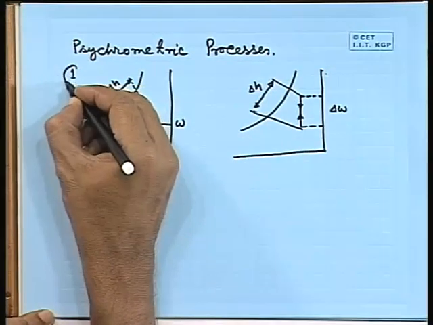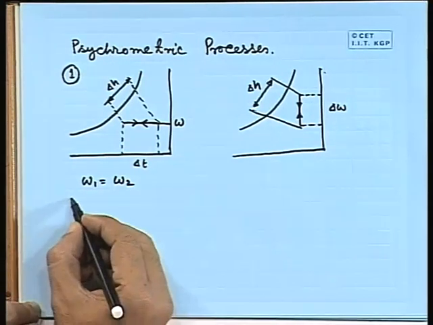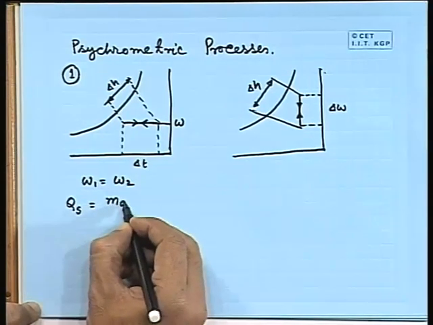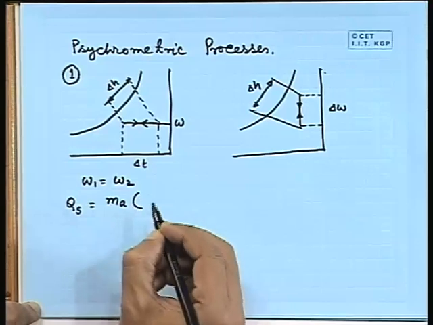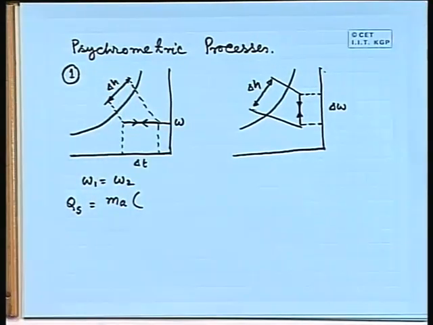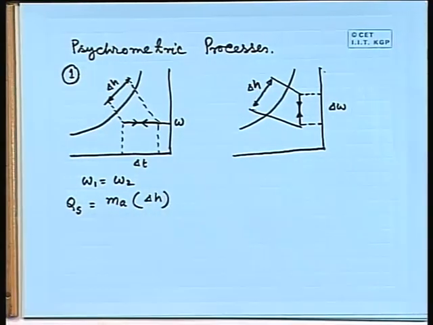In the first case, let us say we call it process 1. And we can write Q sensible is equal to m dot A, I will write it in terms of delta H. It may be cooling, it may be heating. So, that is why I have shown the arrow on both sides.